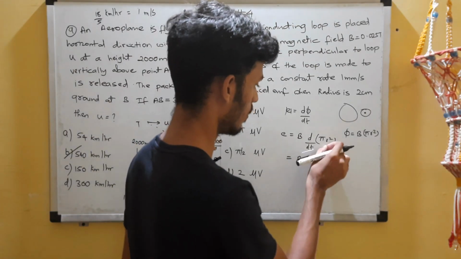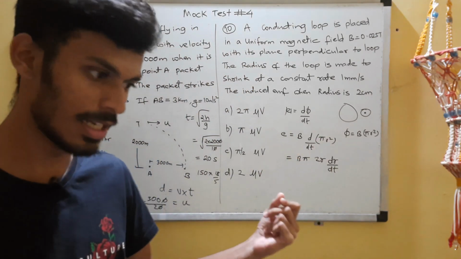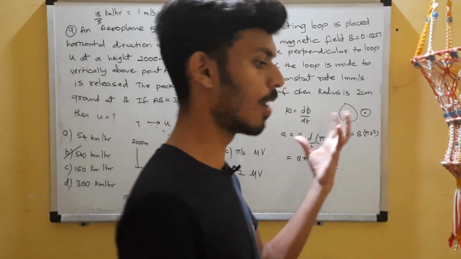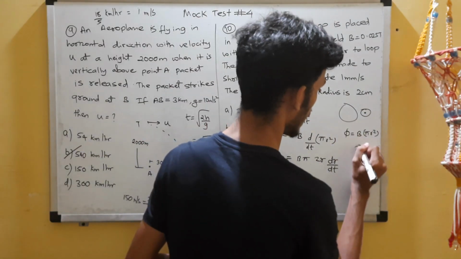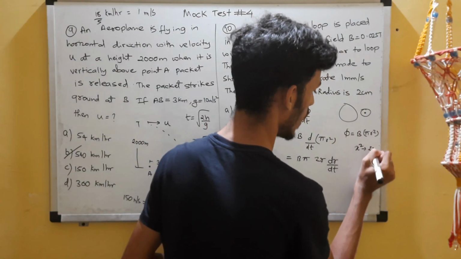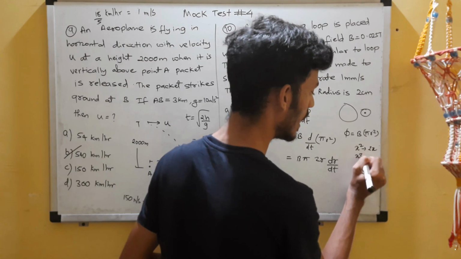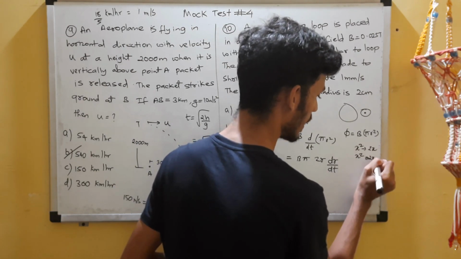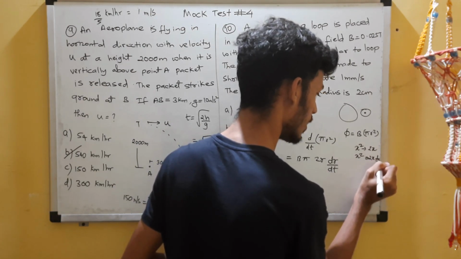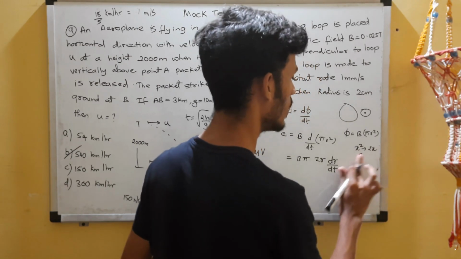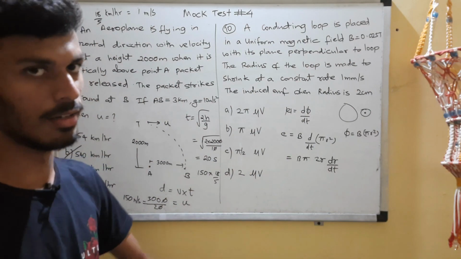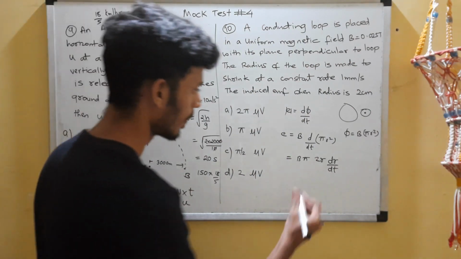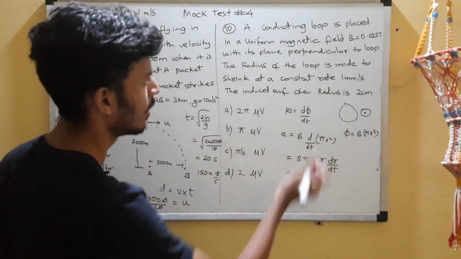So the derivative of r square basically is 2r dr by dt. Derivative of x square with respect to x is 2x, but x square with respect to t is 2x dx by dt. So this factor also remains when you differentiate with respect to some other variable. Here we have dt.